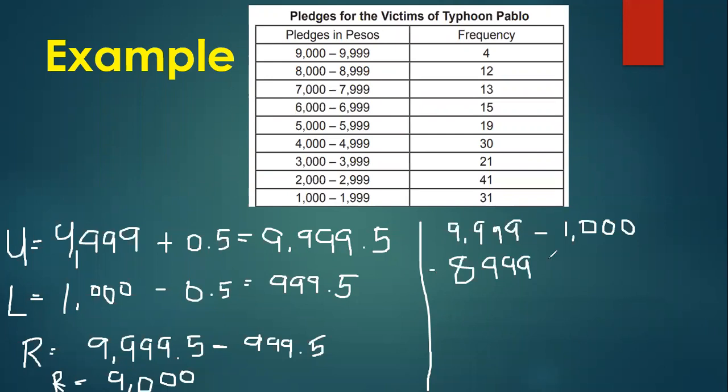You need to add 1. So range is equal to 8,999 plus 1, which is 9,000. Yes, 9,000.